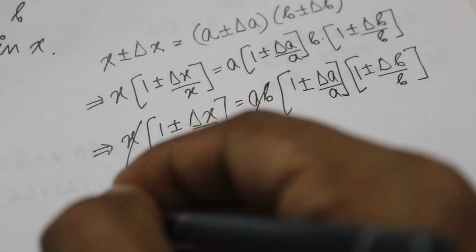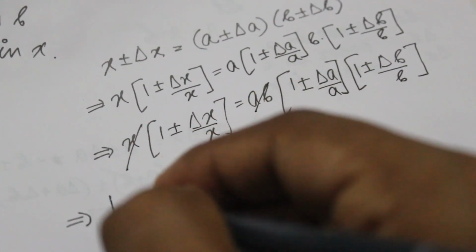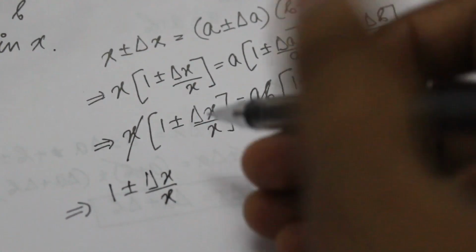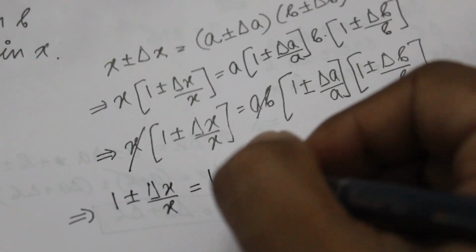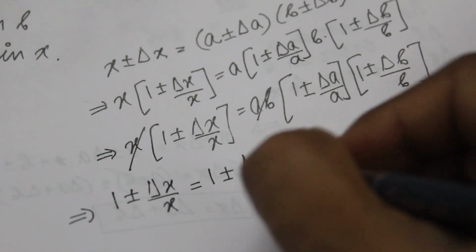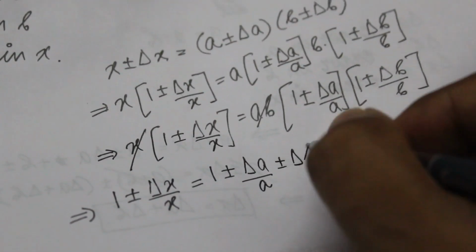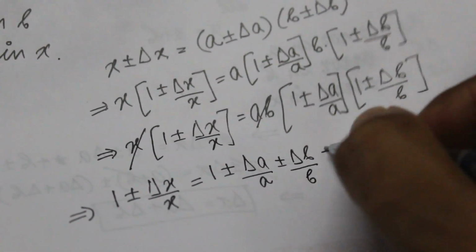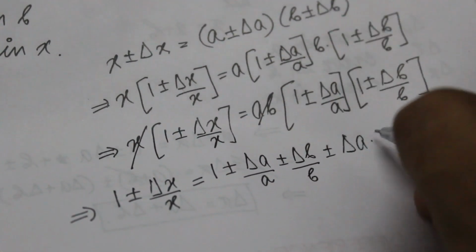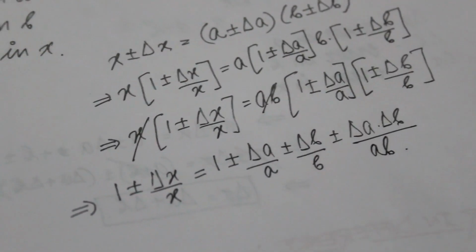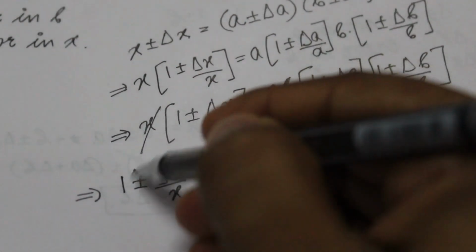We'll get 1 plus minus delta x upon x is equal to 1 plus minus delta a upon a plus minus delta b upon b and plus minus delta a into delta b upon ab. You'll cancel out 1.